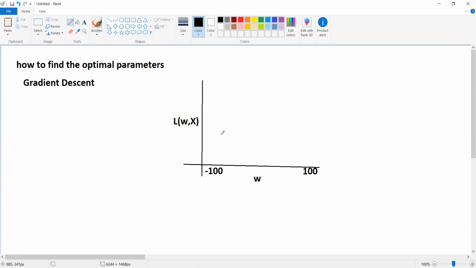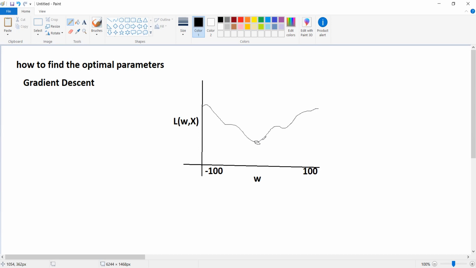The function looks something like this. So what is our best W? That should be very easy. This one. Why? Because it gives us the lowest loss, the minimum loss.